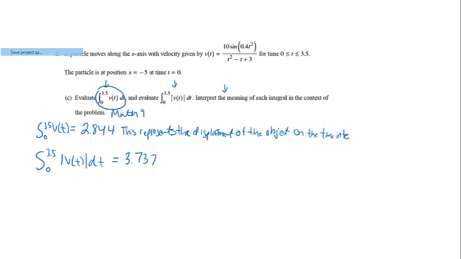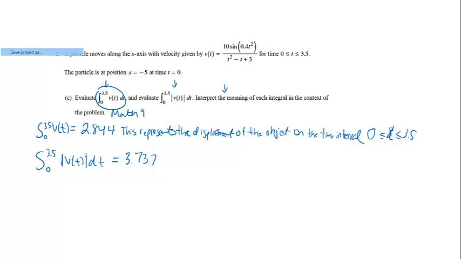I want to make sure that I include what the time interval was, 0 to 3.5, or I could say from time equals 0 to time 3.5. So however you want to word that, that's fine.